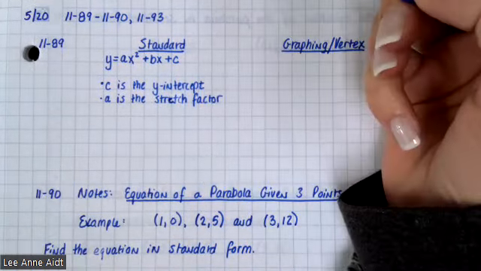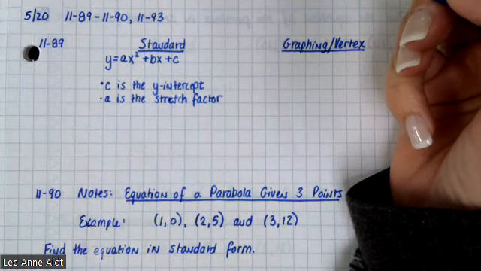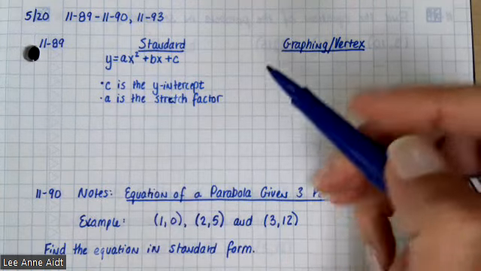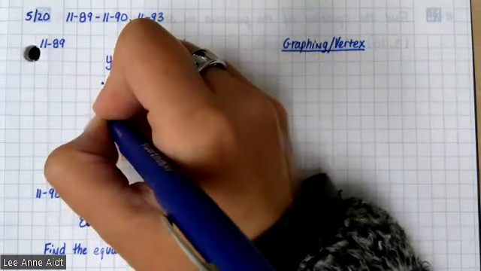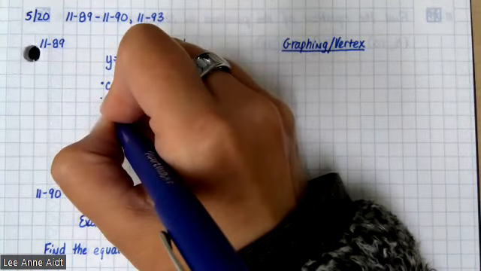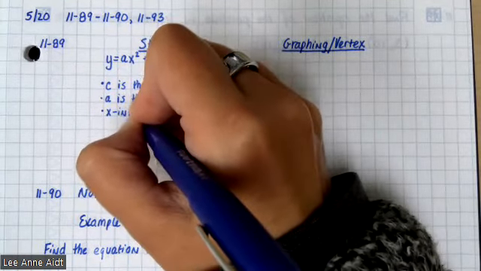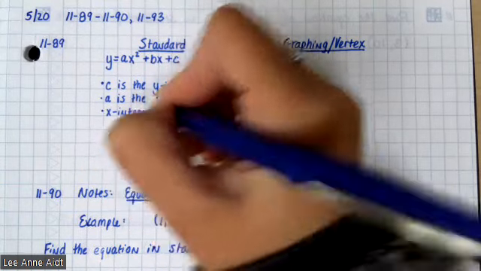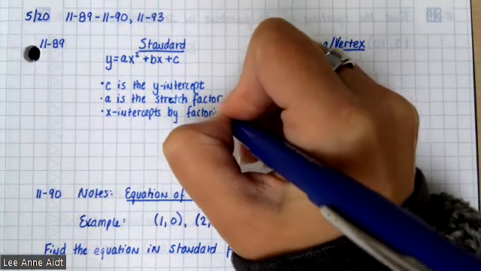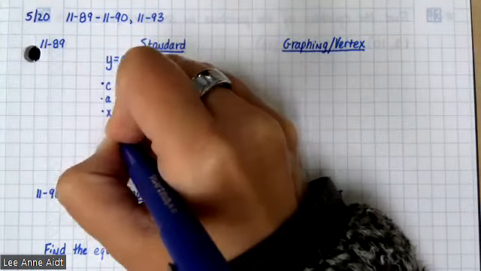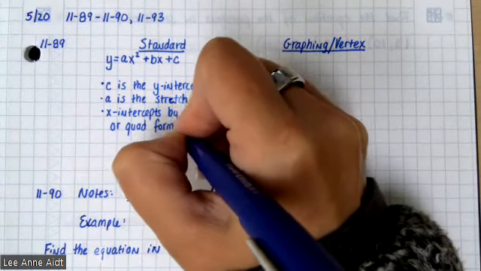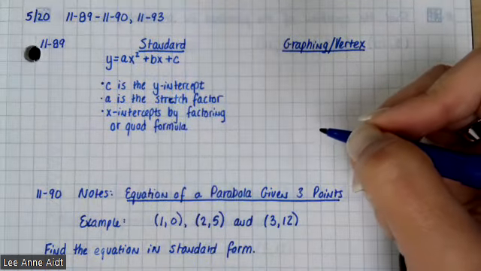A is the stretch factor. So c is the y-intercept. A is the stretch factor. You can do stuff with this. You can get the x-intercepts by factoring or quad formula.